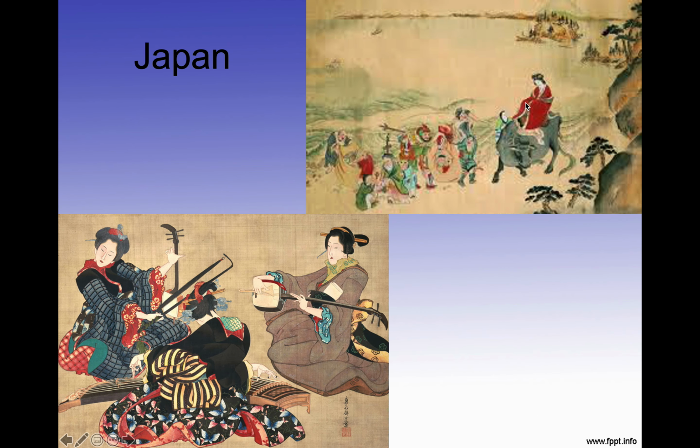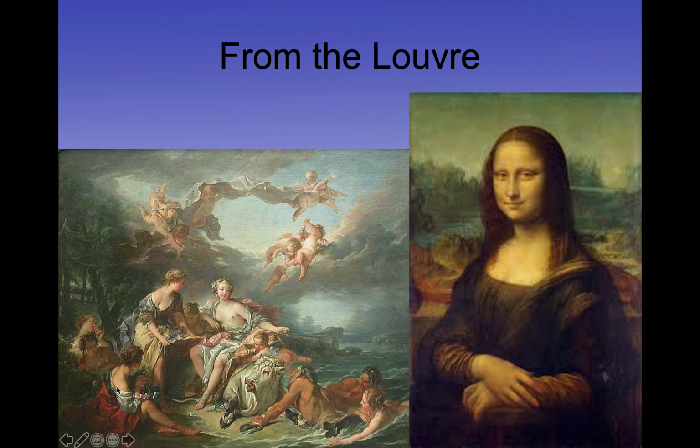This is Japanese and this is Chinese, or both of these are Japanese, I'm sorry. And as you can see, it's quite extensive, and the people are relatively small. The people are not nearly as important as the clothes that they're wearing in this picture.